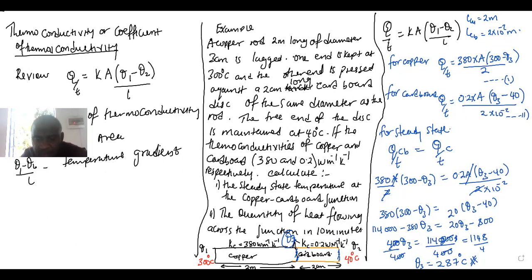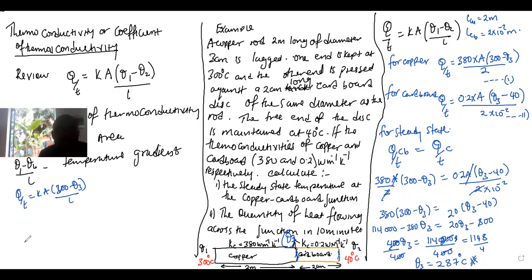You can have that down. Let me use this small space here. The question has gone ahead and said, the quantity of heat flowing across the junction in 10 minutes. So we have seen that Q out of t is equal to KA into 300 minus θ3 out of L. You can use any.